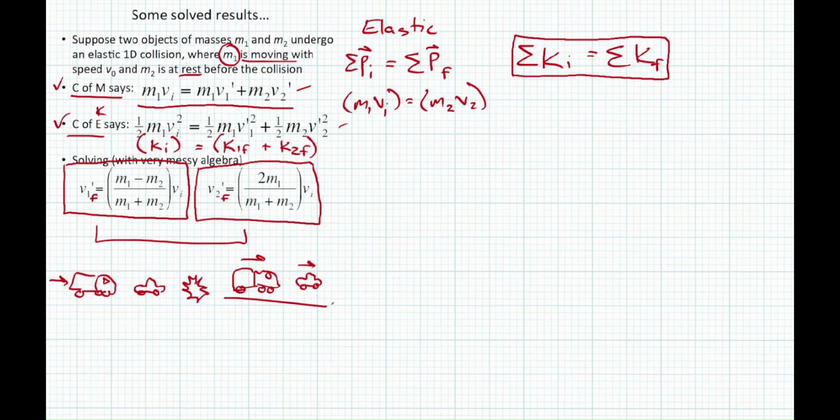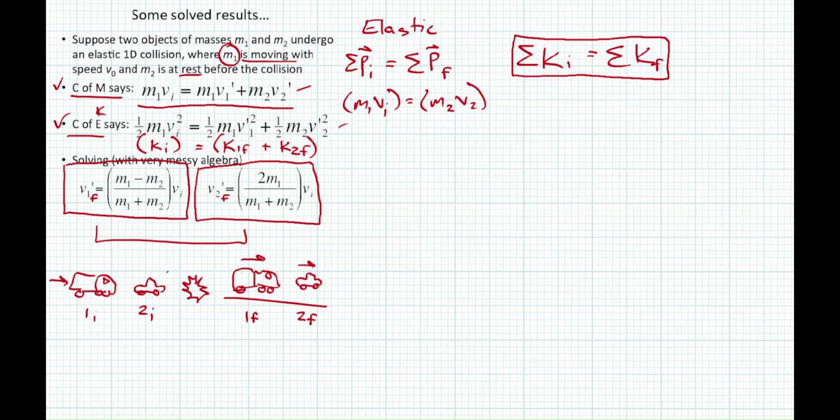So for these 2 equations, this is object 1, this is object 2, initial, 1 final, and 2 final. These equations solve for the final velocity of each object. The masses don't change, but the velocities do.